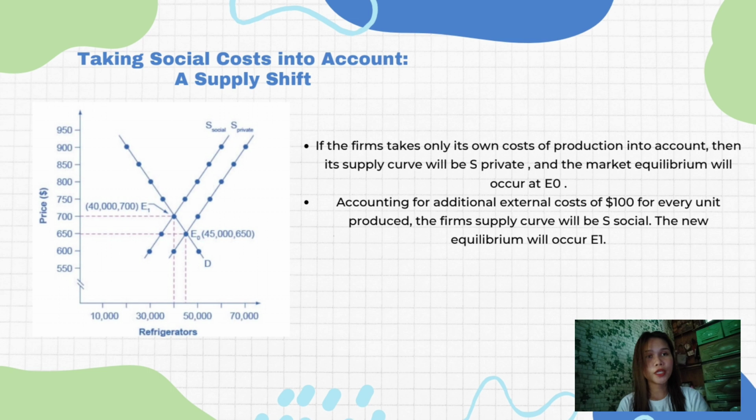Accounting for the additional external cost of $100 for every unit, the firm supply curve will be the social supply curve, and the new equilibrium will be at E1, which is 40,000 units and a price of $700. Because, as you know, there might be components in refrigerators that you just can't throw into a landfill and they have to be recycled or whatever. So it could be that kind of thing.